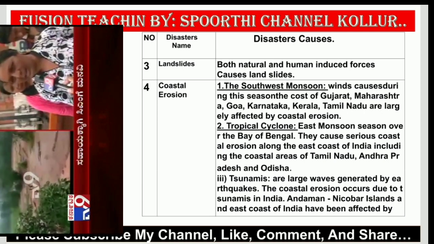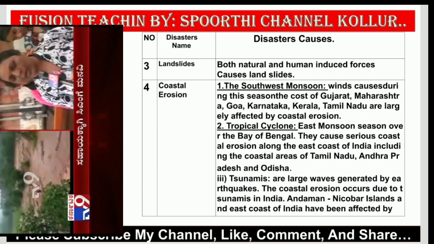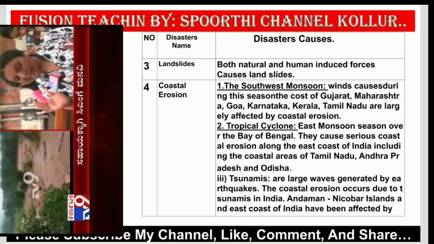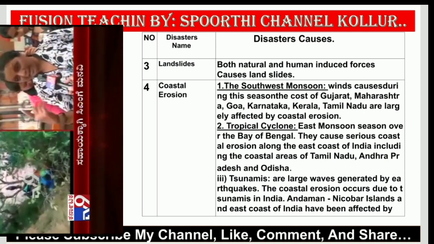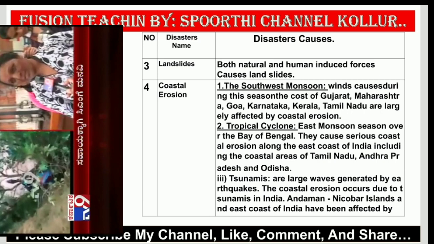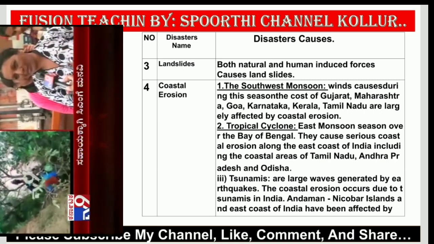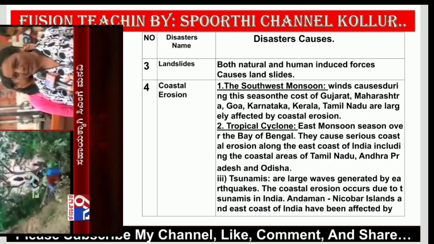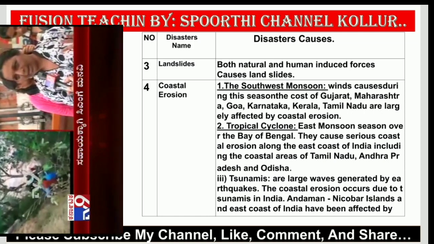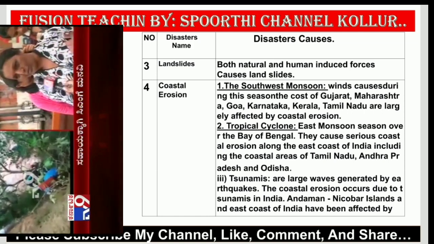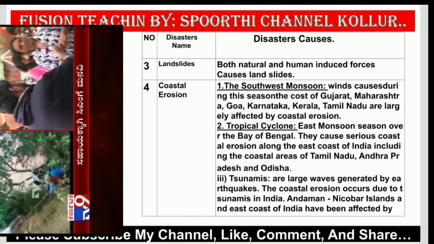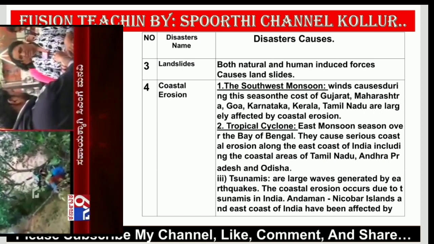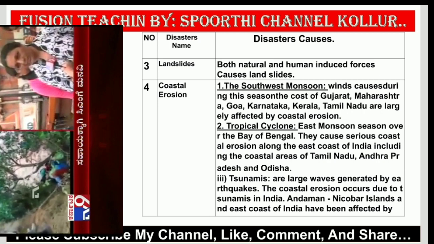The northeast monsoon season over the Bay of Bengal causes serious coastal erosion along the east coast of India, including the coastal areas of Tamil Nadu, Andhra Pradesh and Odisha. Tsunamis are large waves generated by earthquakes.